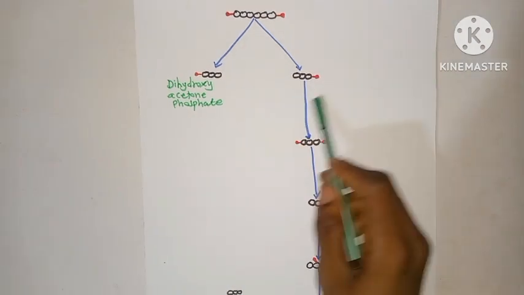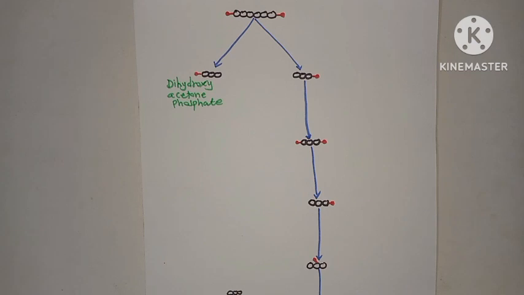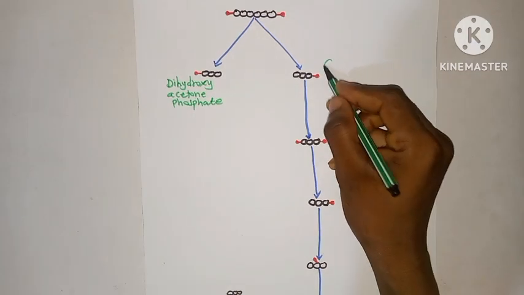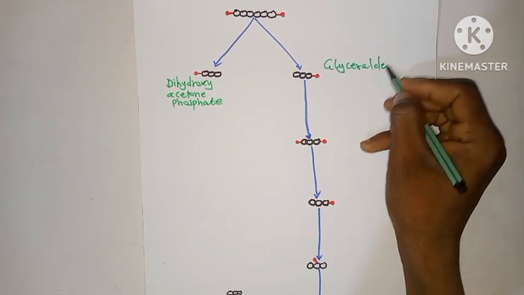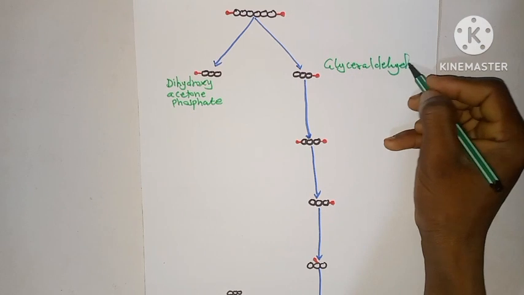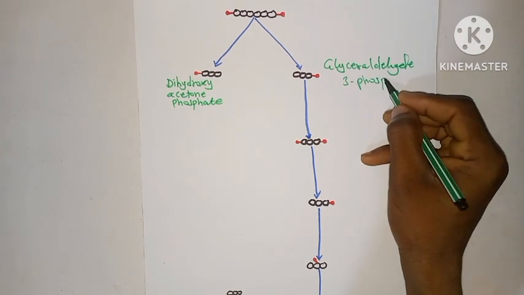And the other 3 carbon molecule is known as glyceraldehyde 3 phosphate. Glyceraldehyde 3 phosphate.